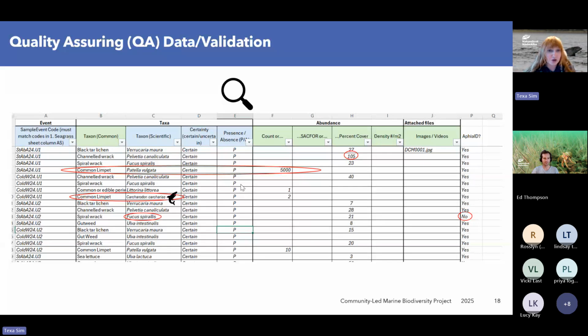So always worth having a wee look. Fresh eyes helps as well, potentially someone who hasn't actually input the data.